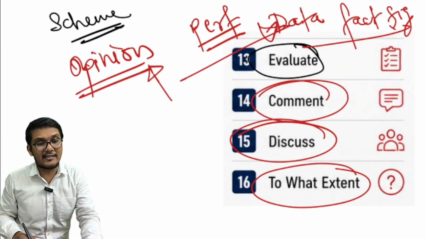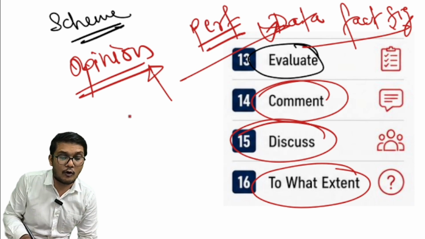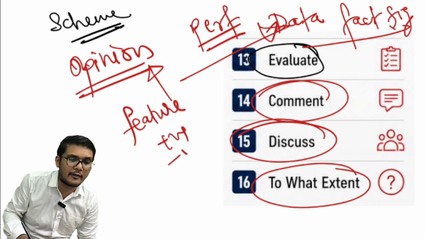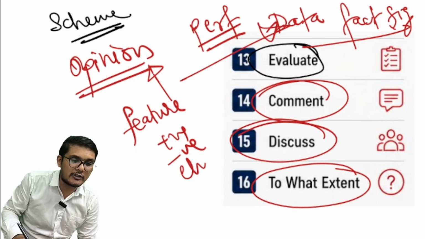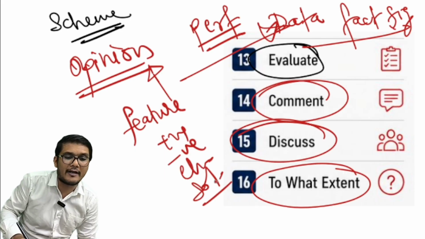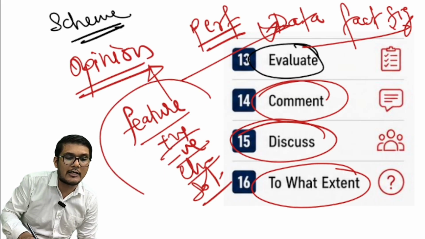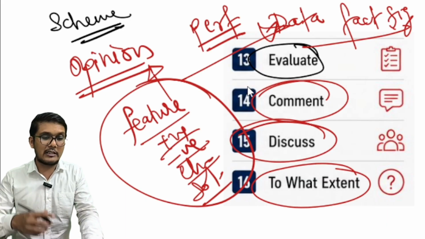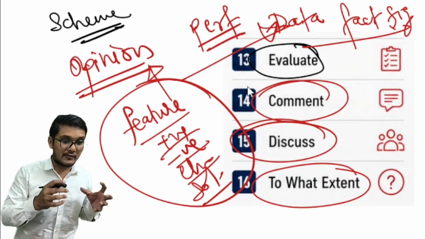So in discuss is hidden various dimensions. What dimensions? You will talk about the features of the thing that is mentioned, the positive of it, the negative of it, the challenges in it, the solution of it, and then you will conclude your answer. Everything will be included.